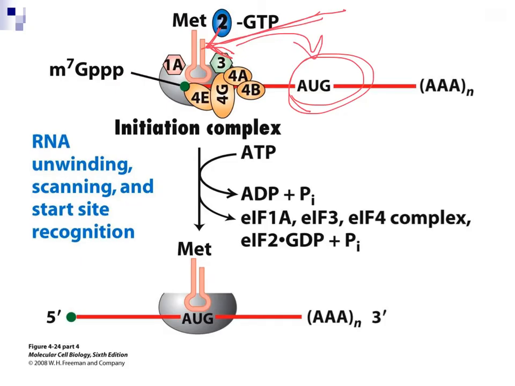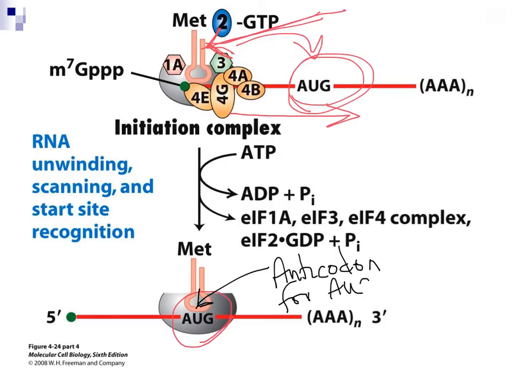So what will happen now is, with the help of an energy source, it's going to start moving down the messenger RNA. And it will keep moving until you have the AUG find its match at the anticodon, which is on the transfer RNA. So that's the anticodon for the AUG. Only when this match occurs, then you have the eukaryotic initiation factor 2 hydrolyze the GTP that was on there to GDP and the phosphate, and it will leave.